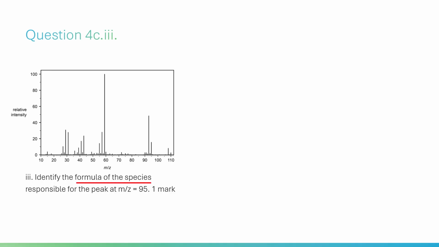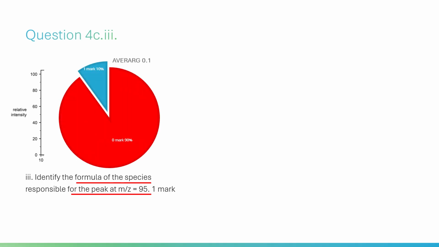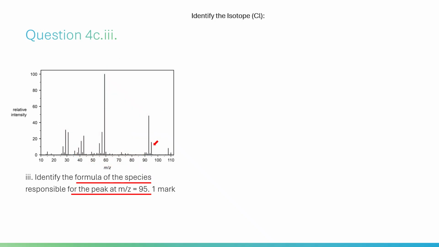Identify the formula of the species responsible for the peak at m/z equals 95. 1 mark. This is a textbook trap question, and it's the exact reason why 90% of students walked away with 0 marks. The logic ladder for identifying peak 95. Identify the isotope, Cl.